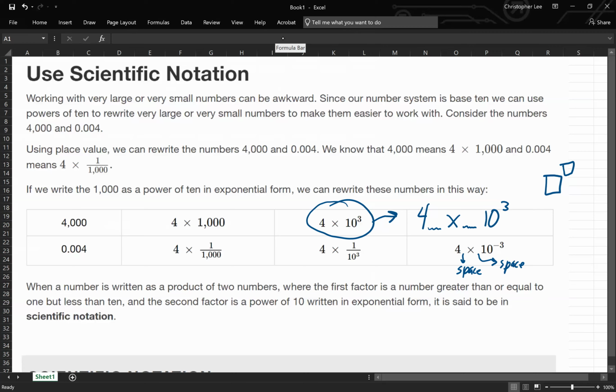Okay. A number is written as a product of two numbers where the first factor is a number greater than or equal to 1, but less than 10, and the second factor is a power of 10 written in exponential form. It is said to be in scientific notation.